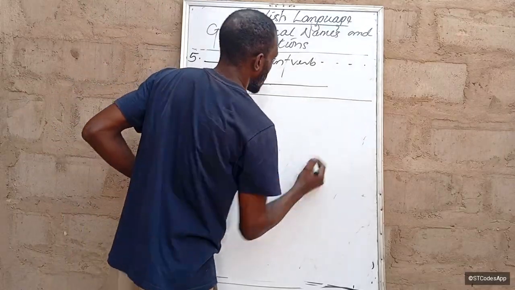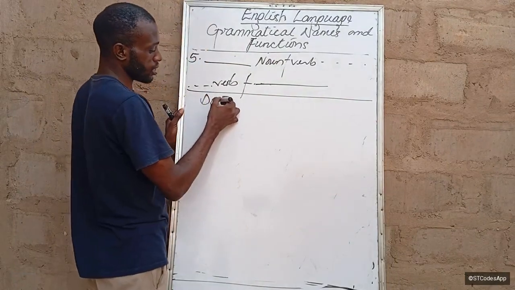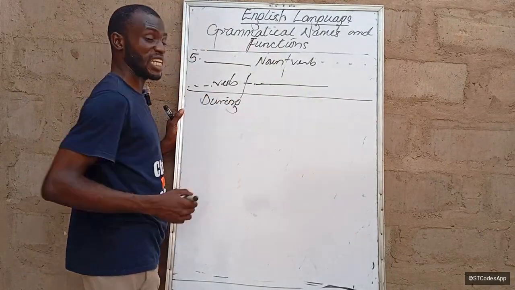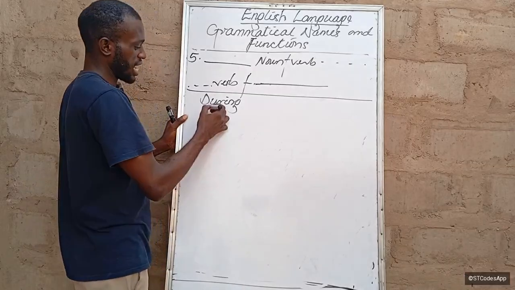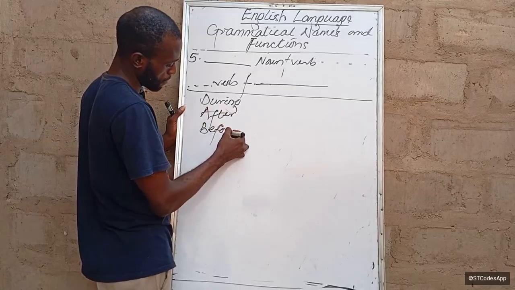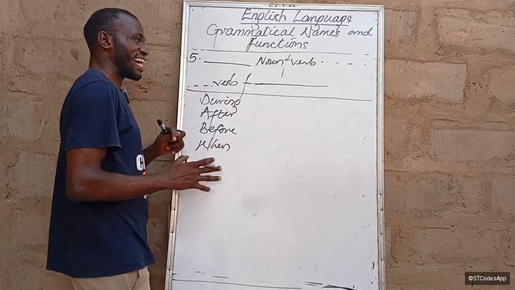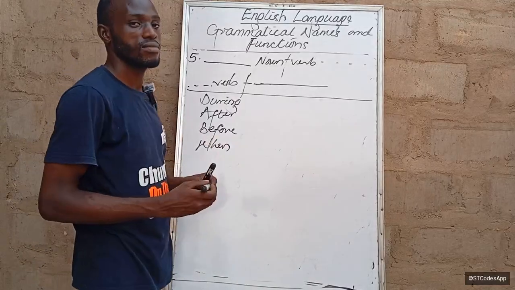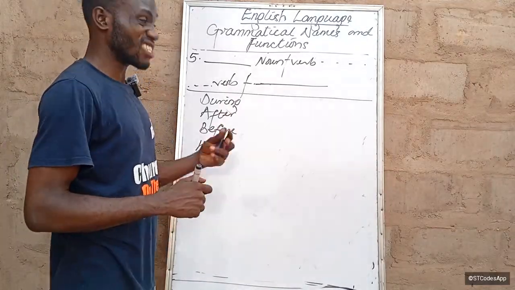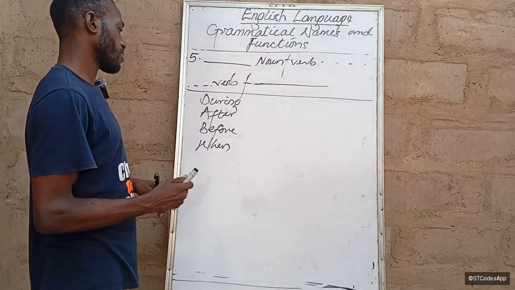Anytime you see something connotative of time, for example, the underlined structure is beginning with the word during, after, before, when, you know that it is an adverbial, usually a clause, in some cases a phrase, but usually a clause.